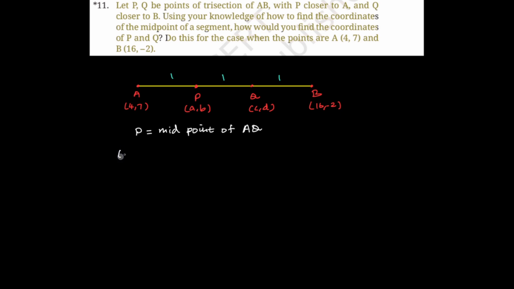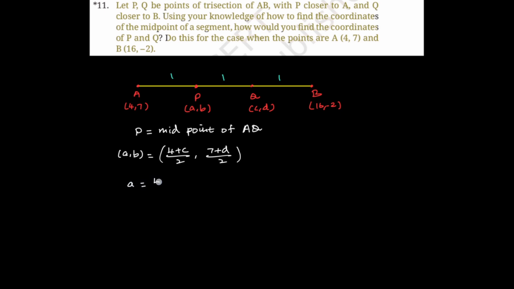Let the coordinate of P be (a, b). Midpoint of AQ means adding the x coordinate values divided by 2, and adding the y coordinate values divided by 2. So (4 plus c) divided by 2, (7 plus d) divided by 2. Now we can equate the x coordinate values and the y coordinate values.